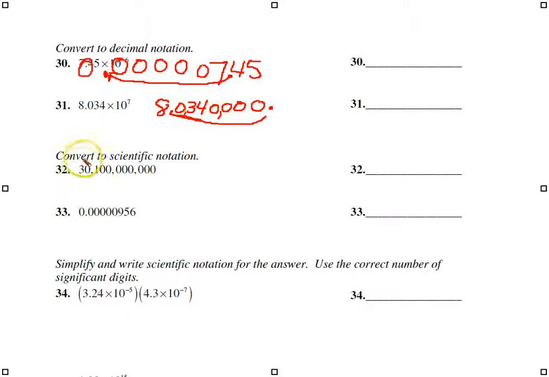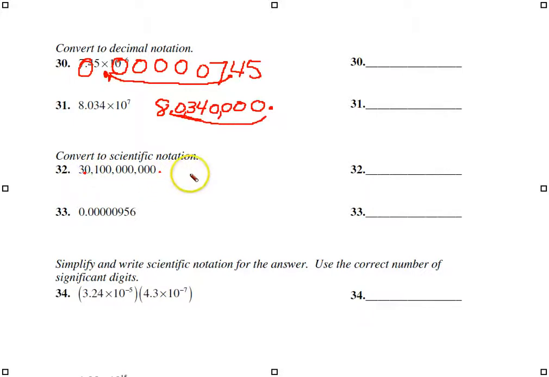Now when we convert from traditional standard form to scientific notation, we have to make this a number between 1 and 10. So I'm going to start here. There's my decimal. I move it over 3, 6, 9, 10.